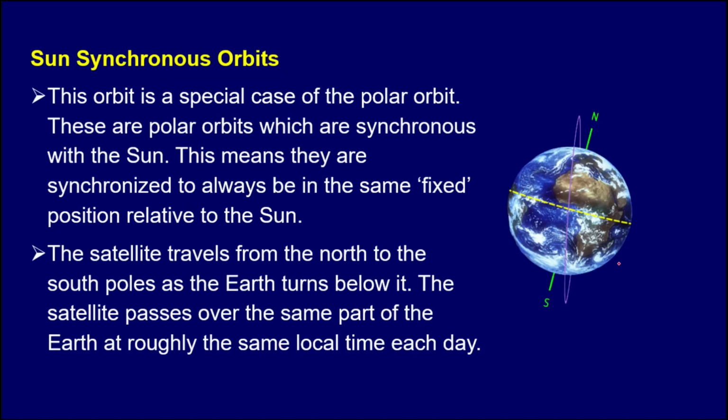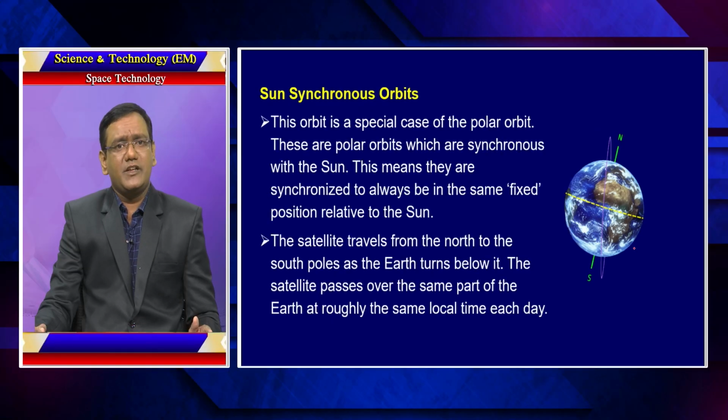So what is a sun synchronous orbit? This orbit is a special case of the polar orbit. These are polar orbits which are synchronous with the sun. This means that they are synchronized to always be in the same fixed position relative to the sun.